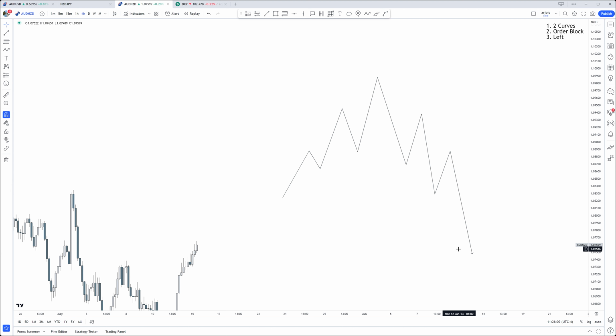Now, why is this important? Well, these market maker models happen everywhere. The context behind them is very important. Again, there will be a more advanced market maker model video, so don't worry.